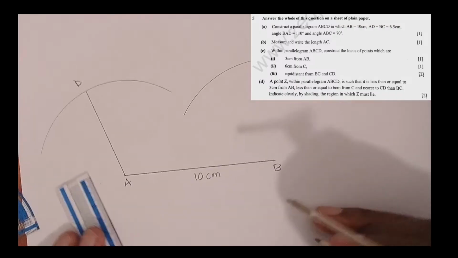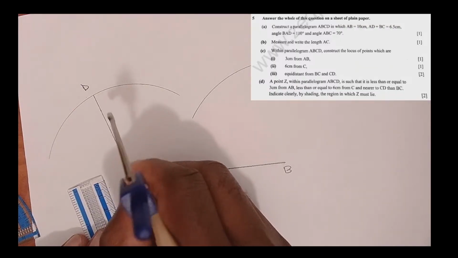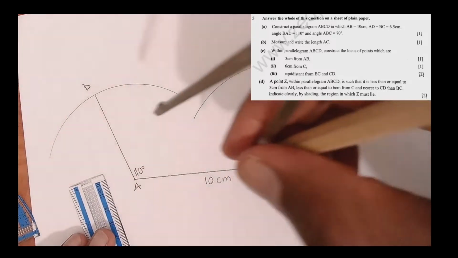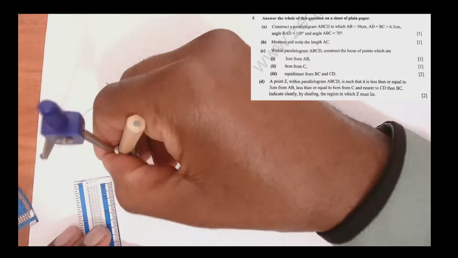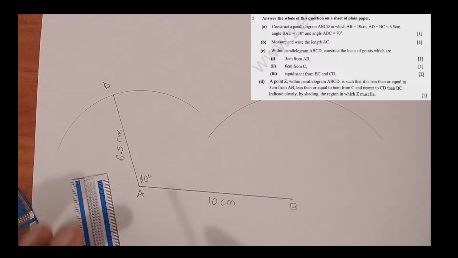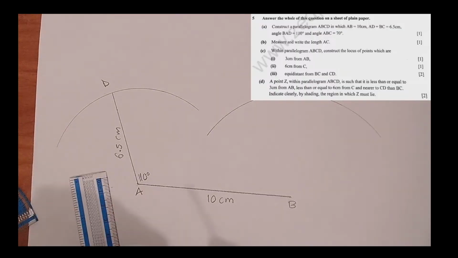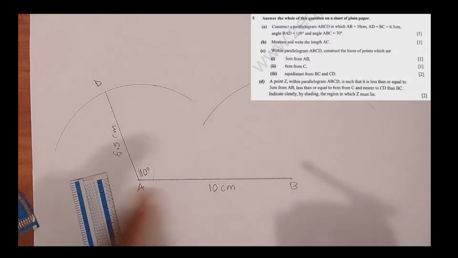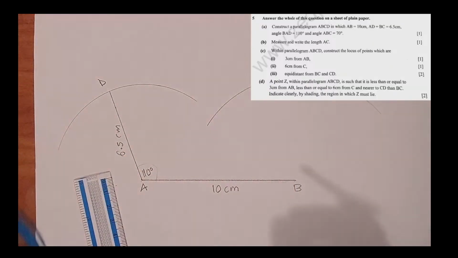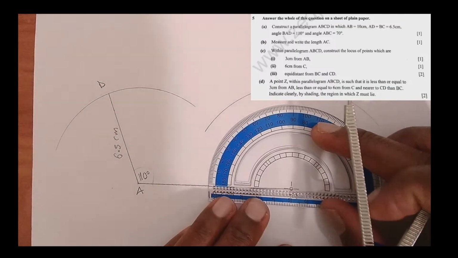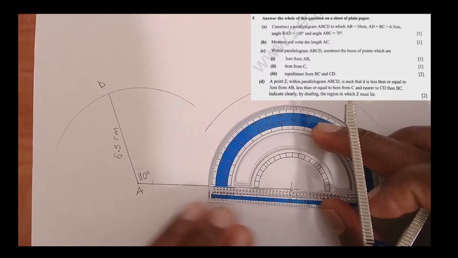D, right? And remember, we just measured this as 110 degrees. And AD was 6.5, so this is 6.5 centimeters. Okay, so I have my 6.5 centimeters. I have my 110 degrees right here. Then I have AB. ABC is 70 degrees. Remember, it's 70 degrees.